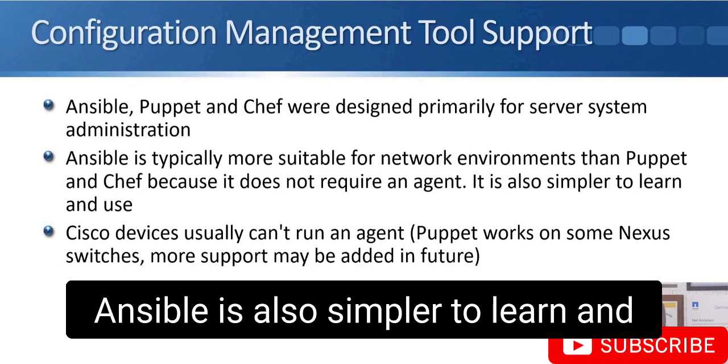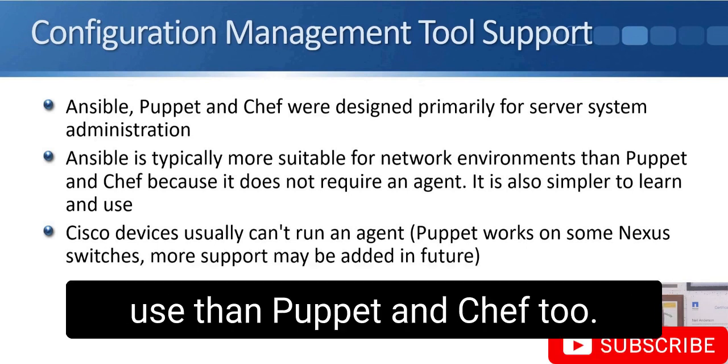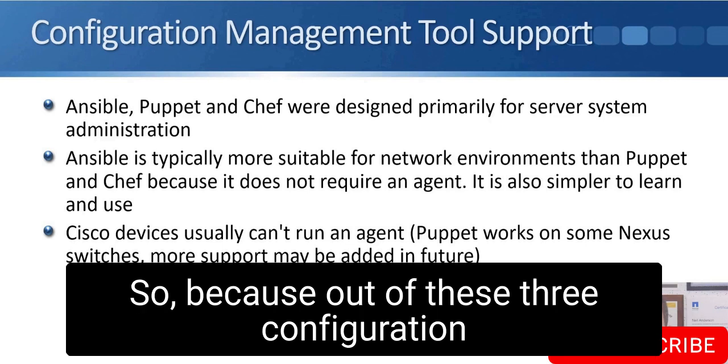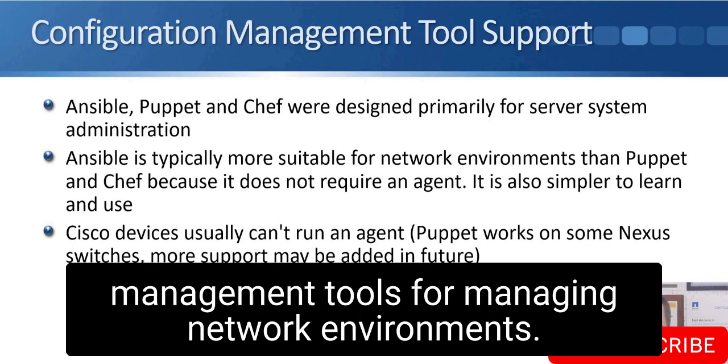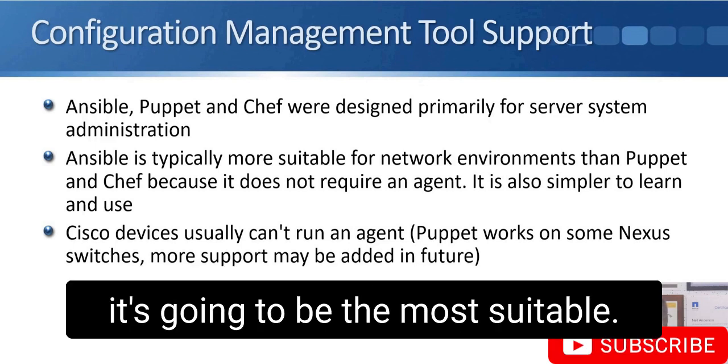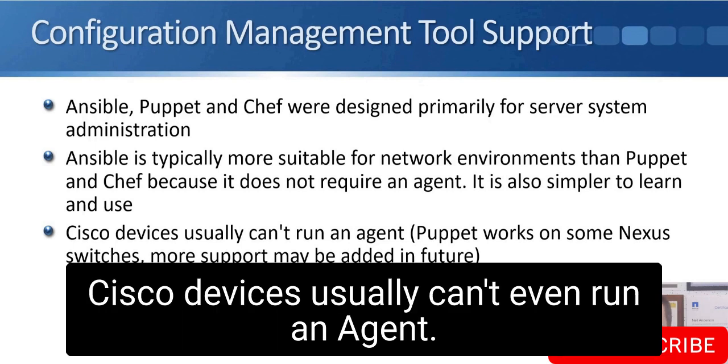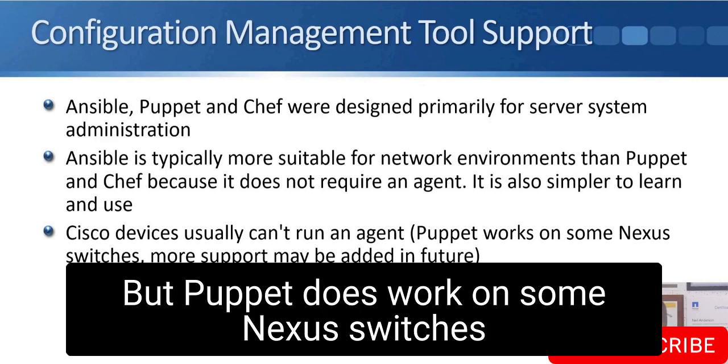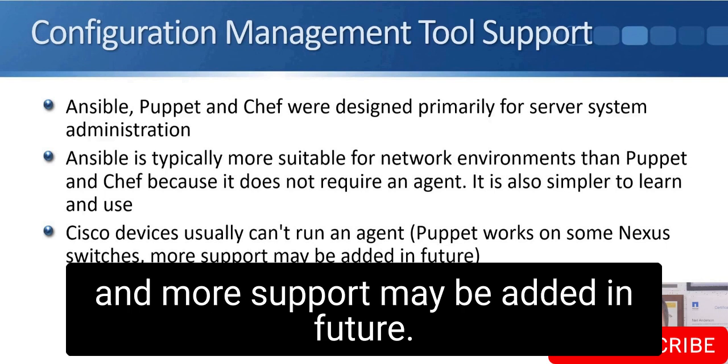Ansible is also simpler to learn and use than Puppet and Chef too. So out of these three configuration management tools, for managing network environments, Ansible is the most popular, and typically it's going to be the most suitable. Cisco devices usually can't even run an agent, but Puppet does work on some Nexus switches, and more support may be added in future.